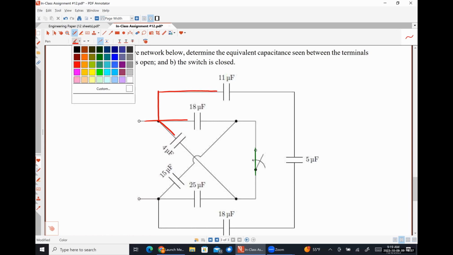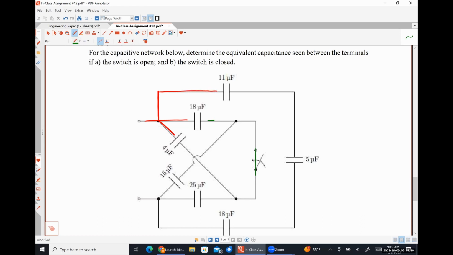So that's going to be 1. With our switch closed, this is 1. Then we have this guy.